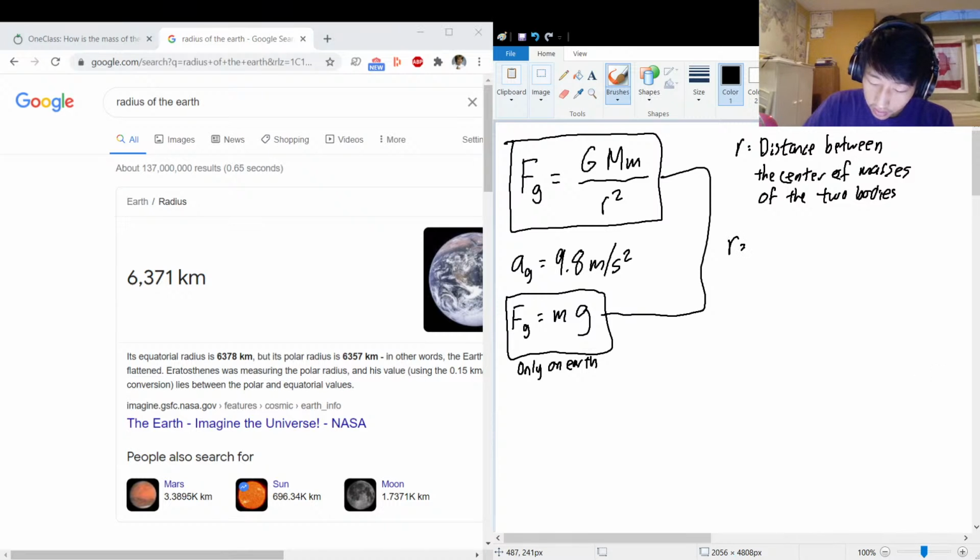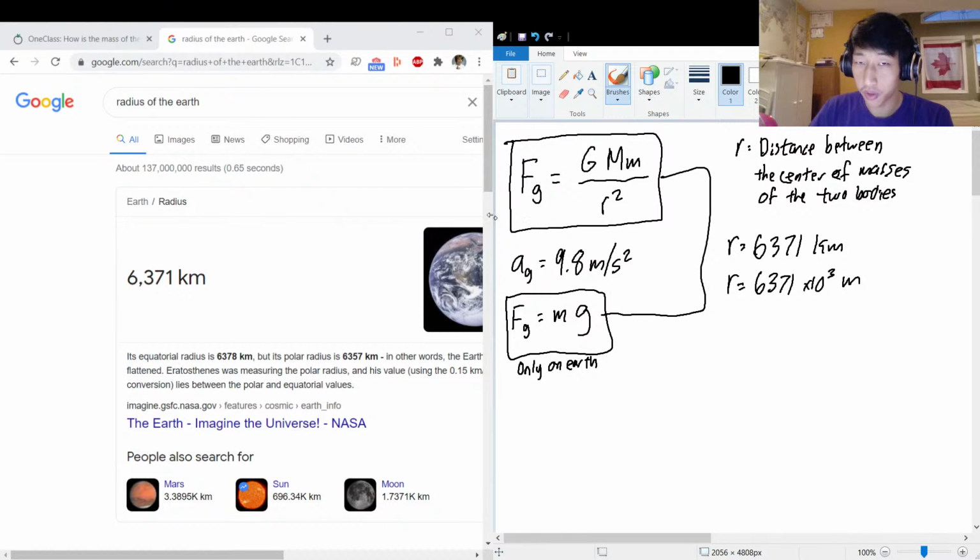So the R is equal to 6,371 kilometers, which is also equal to 6,371 times 10 to the 3 meters. It's always good to convert to base SI.